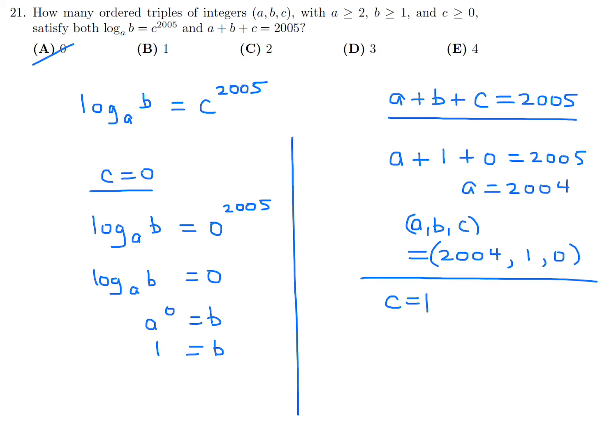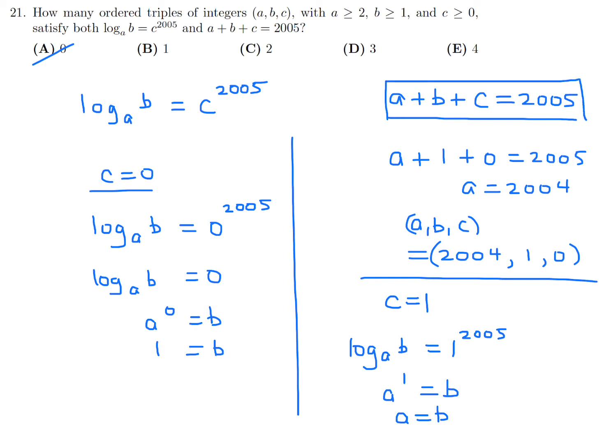If c is equal to 1, then we will have the log of b to the base a is equal to 1 to the power of 2005, and that's just 1. So therefore a to the power of 1 is equal to b, and therefore a is equal to b. So if a is equal to b, and we go back and use our formula, a plus b plus c, well, c we established was 1, is equal to 2005.